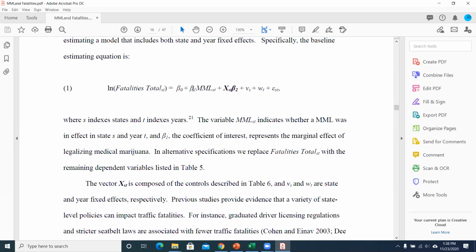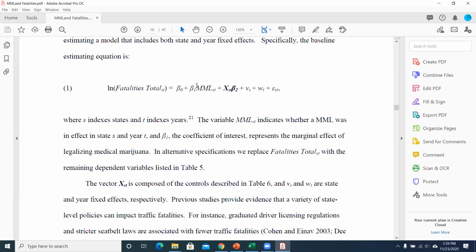Yes, it's the log of fatalities, so it's saying every 1% it'll increase 1%. I gave the general interpretation, but I didn't say anything about units or percentages. You're right, we have a log-level model, so the level changes if I go from not having medical marijuana legalized to having it legalized.